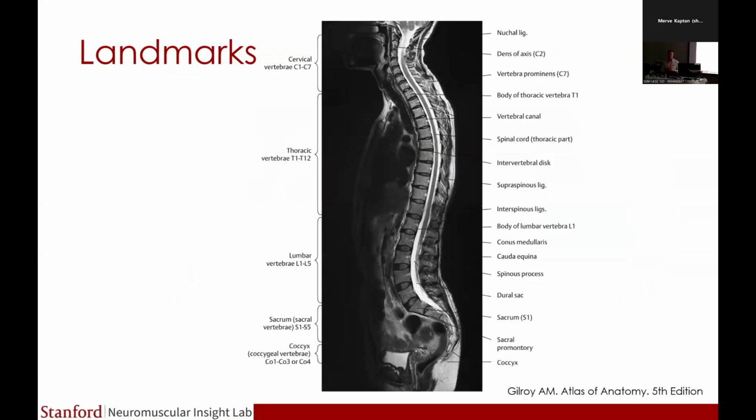They serve as landmarks for our imaging. In particular, we really like to use C2 on the sagittal to start counting down to where we want to position our imaging. We commonly position our functional imaging at C5, C6. So we start at C2, identify it, count down to the C5, C6 disc, and that's where we position it.